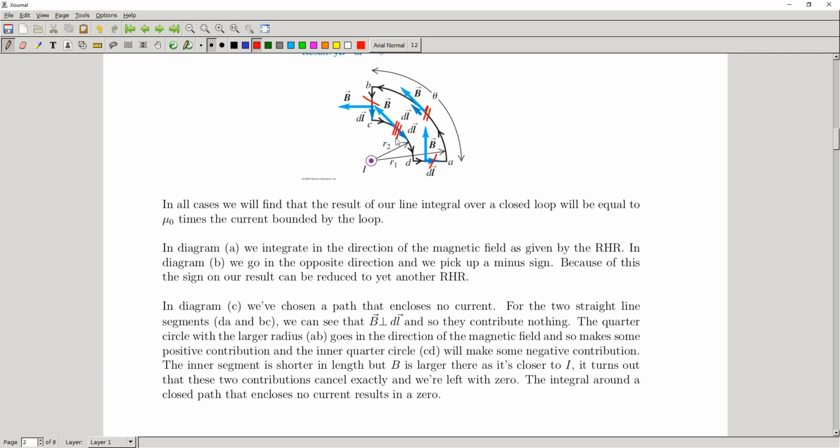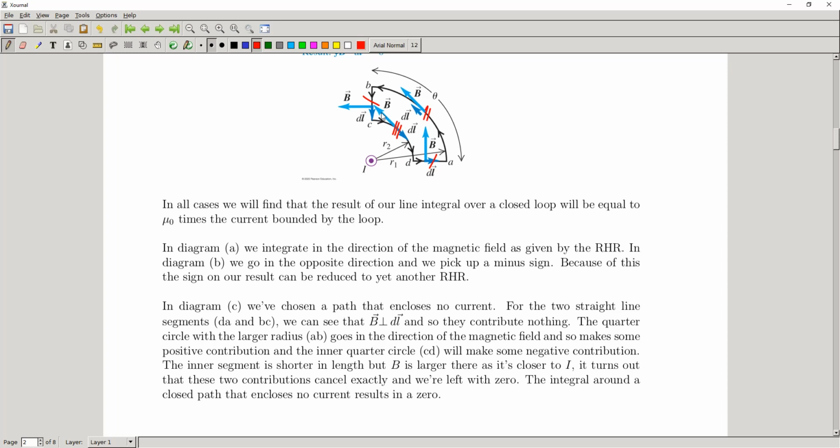Here we have a minus sign, since we're going in the opposite direction of the magnetic field, and here we're going with the magnetic field. So this positive contribution cancels exactly with this negative contribution, and we find that this closed loop integral around the loop ABCD gives us 0.